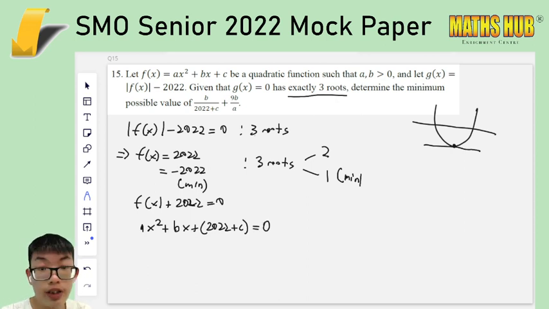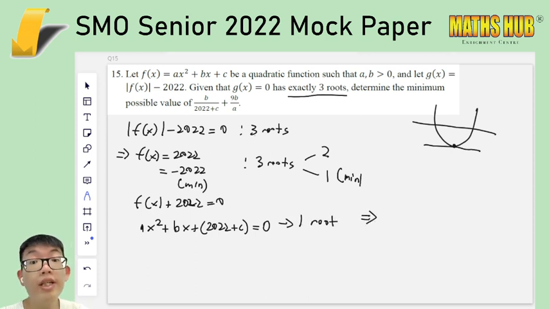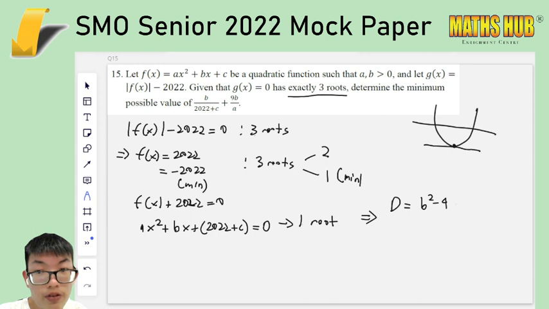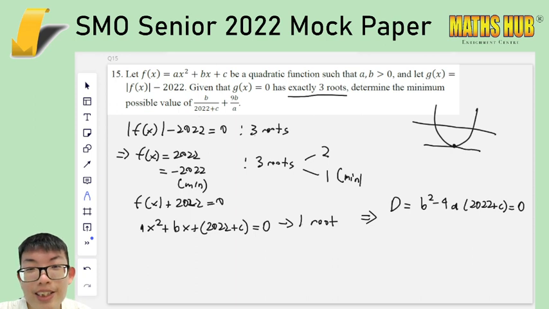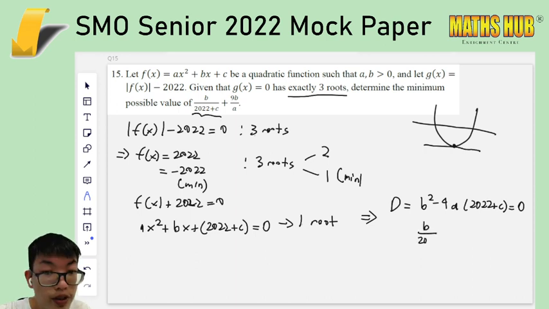This has only one root, so it means the discriminant has to be equal to 0, which is nice because it is not an inequality, it's an equality. So b squared minus 4a times (2022 plus c) equals 0. You might be starting to smell a rat here because there is 2022 plus c as well in there. And indeed, if you rearrange this, you can write b over 2022 plus c equals 4a over b.